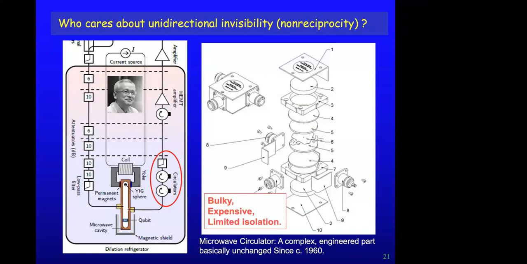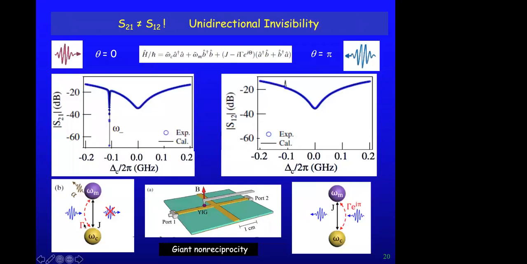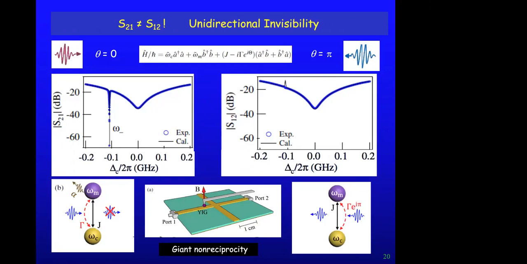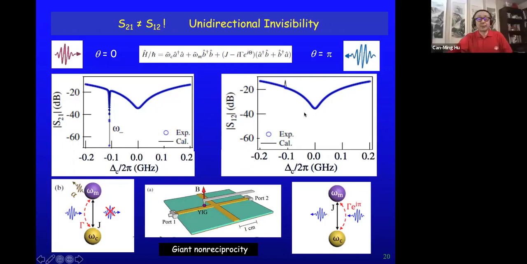So what is the maximal losses you can achieve in your device? In other words, what's the minimal transmission loss? Yeah, you're talking about insertion loss. Exactly, yes. Yes, and you can engineer it.